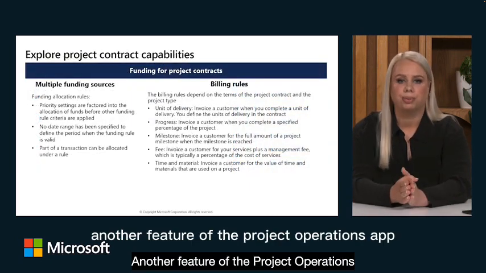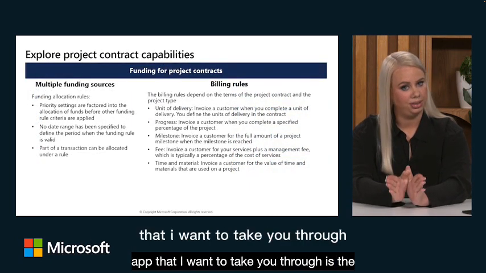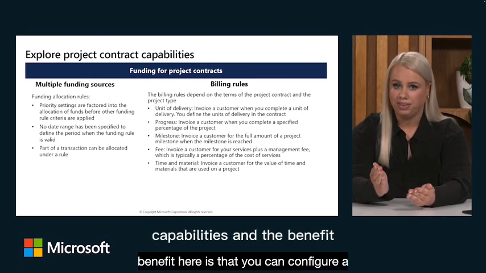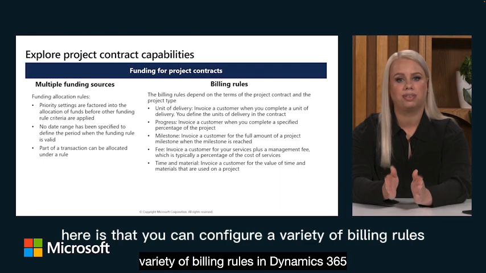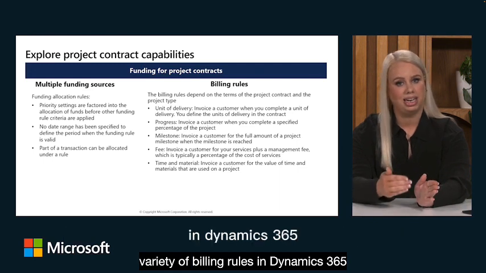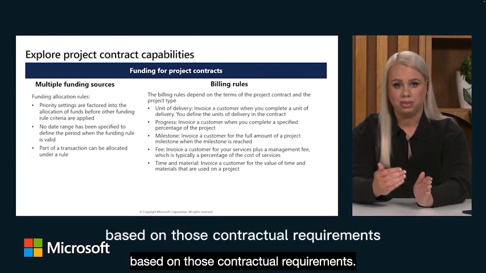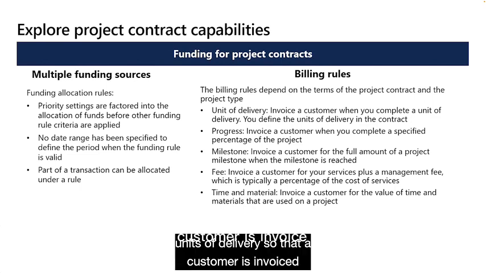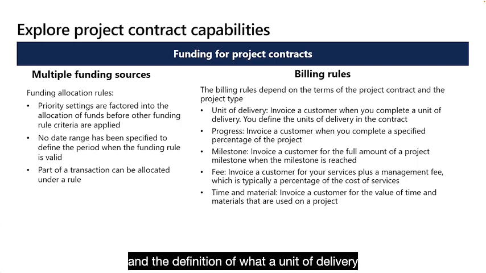Another feature of the Project Operations app that I want to take you through is the project contract capabilities. And the benefit here is that you can configure a variety of billing rules in Dynamics 365 based on those contractual requirements. So it could be that there's a rule based on units of delivery, so that a customer is invoiced based on when a unit of delivery is completed, and the definition of what a unit of delivery constitutes will be set out in the contract.